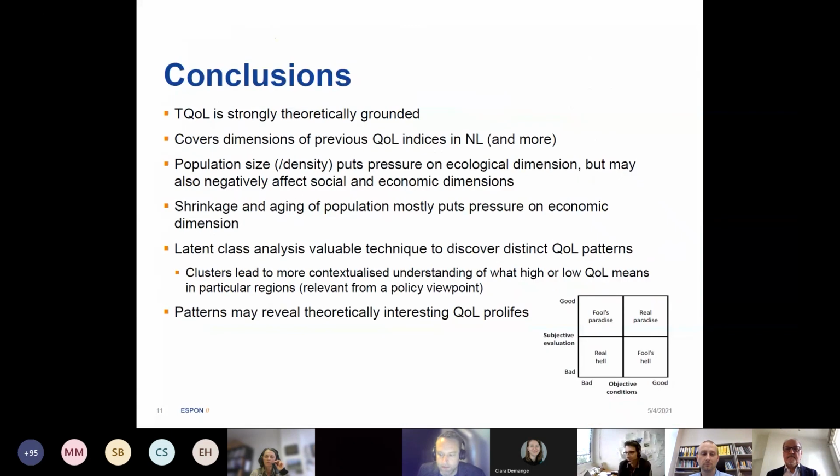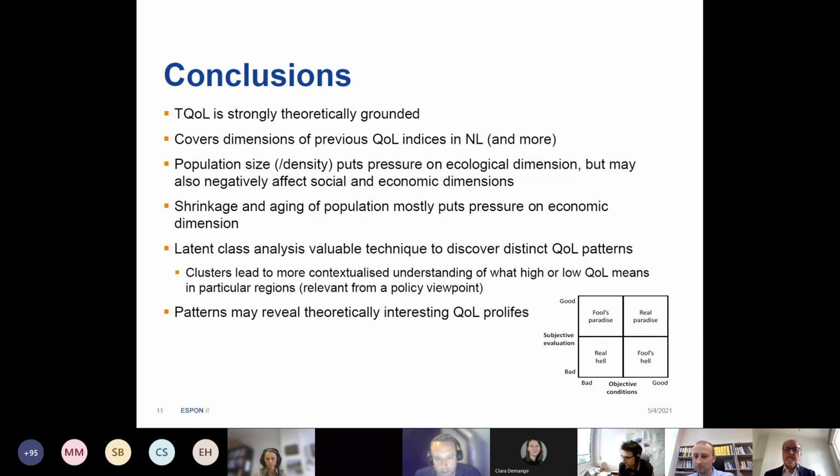Next slide, please. That's the conclusion. For us, it was interesting to see this trade-off between, okay, you can develop a very theoretically grounded quality of life index, but that puts pressure on data availability. And that's also what we saw in the Netherlands. The one that is most embedded in policy is actually not very theoretically supported.